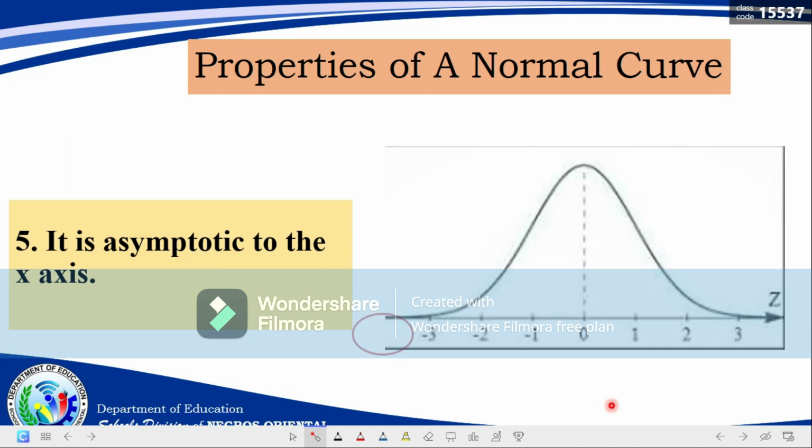Then it is asymptotic to the x-axis. This is our x-axis. When we say asymptotic, the curve approaches the x-axis, but it will never intersect.